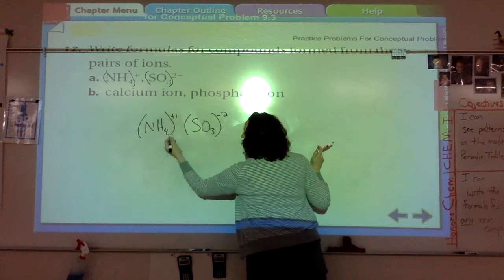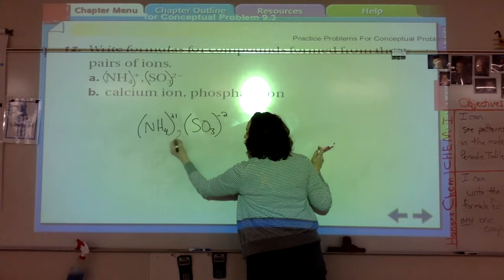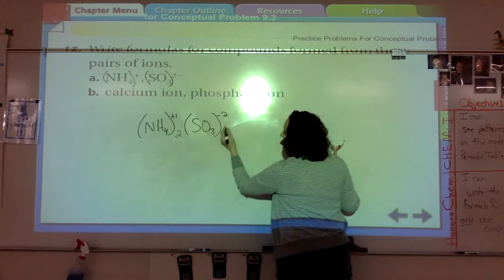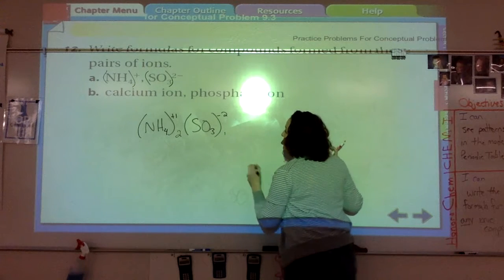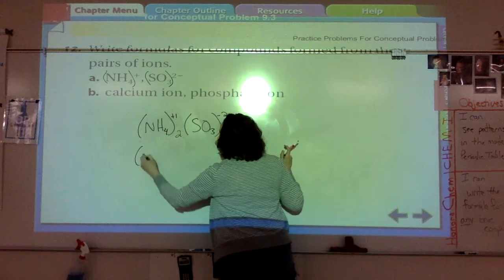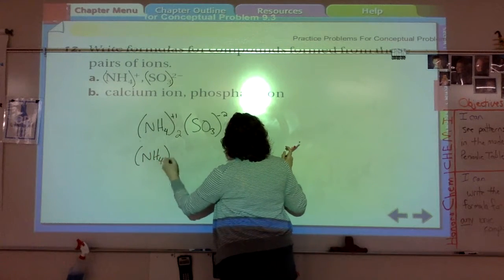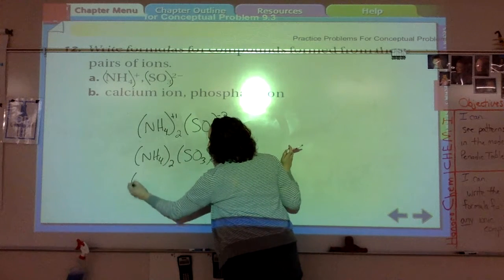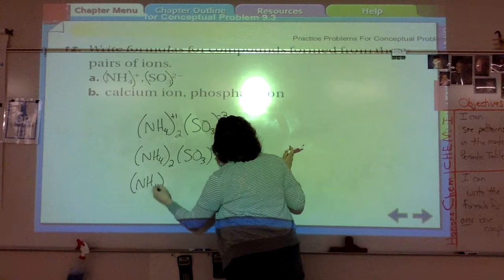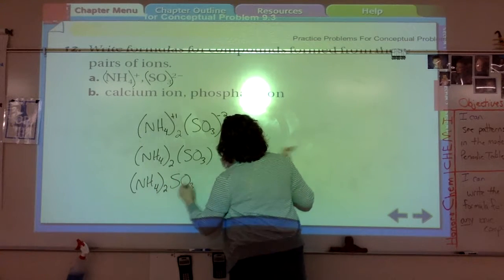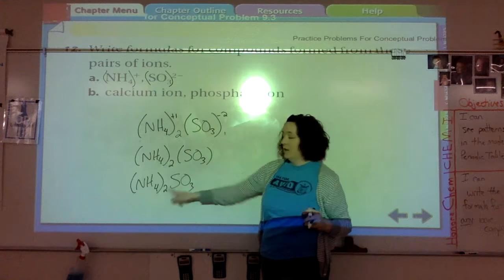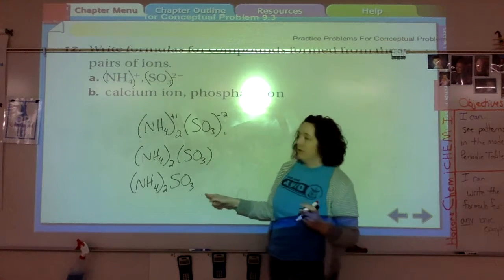So for ammonium, 1 times 2 on the outside of the parentheses is 2. For sulfite, 2 times 1. So to rewrite it, you have to have parentheses around ammonium, or you can write it with or without parentheses around SO3. You have to have parentheses around ammonium because there's a 2 on the outside, but for sulfite, it doesn't matter.